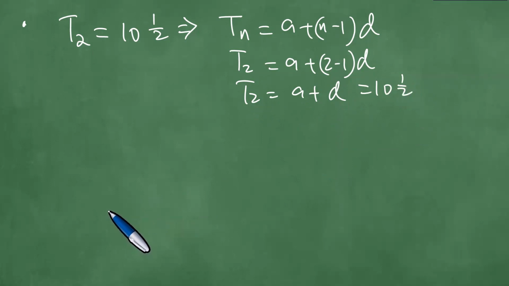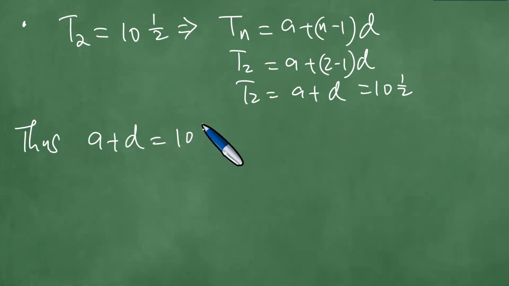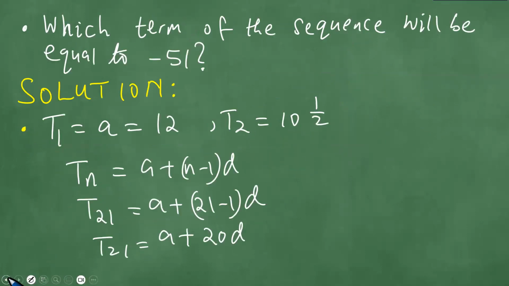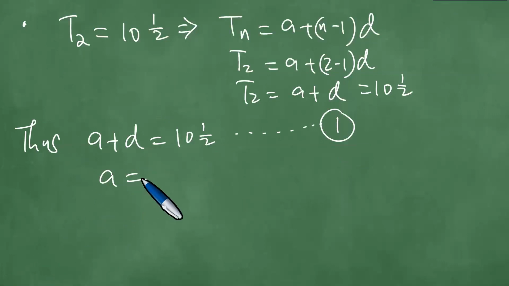So we have this equation: a plus the common difference is 10 and 1/2. Call it equation 1. And a equals 12. It's equation 2.